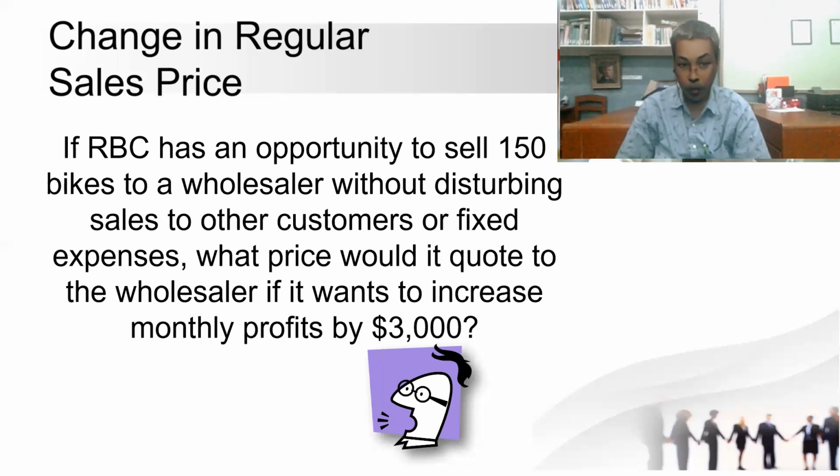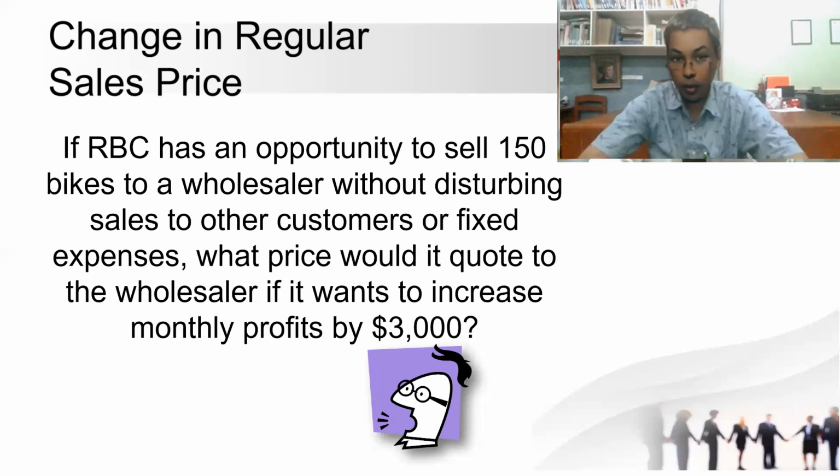So there is no variable increase because you do not pay the commission, because this is directly to the company, direct, because it is wholesale. So we need what? 3,000.